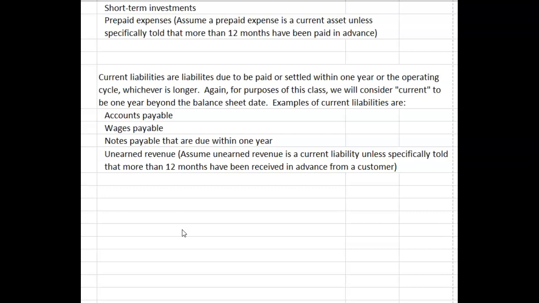Examples of current liabilities are accounts payable, wages payable, notes payable that are due within 1 year, and unearned revenue. Again, you may assume unearned revenue is a current liability unless specifically told that more than 12 months have been received from a customer in advance.